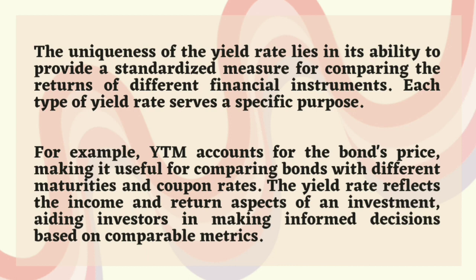For example, YTM accounts for the bond's price, making it useful for comparing bonds with different maturities and coupon rates. And the yield rate reflects the income and return aspects of an investment, aiding investors in making informed decisions based on comparable metrics.